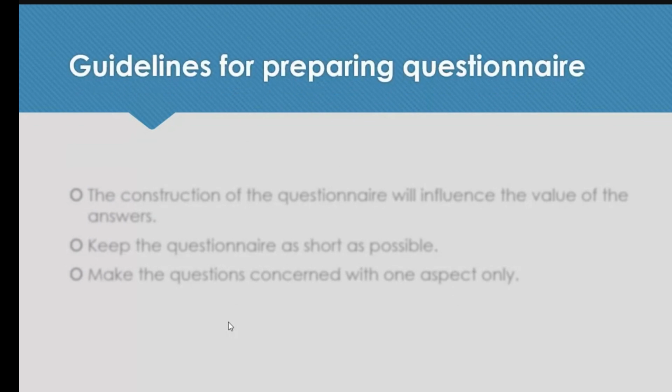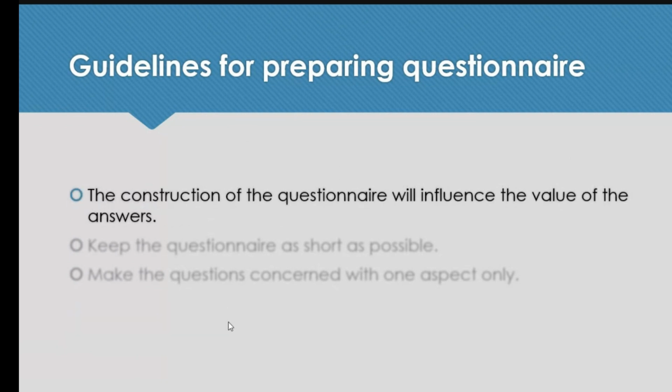That is important. And next, what are the guidelines for preparing a questionnaire? There are certain guidelines you need to follow while preparing the questionnaire. The construction of the questionnaire will influence the value of the answer. So if you want to get valid answers, you have to construct the questionnaire very carefully and consciously.